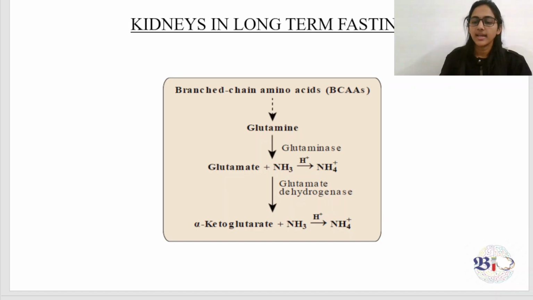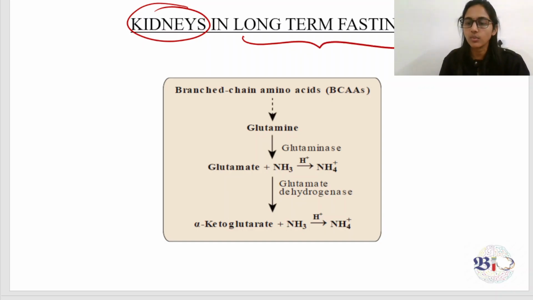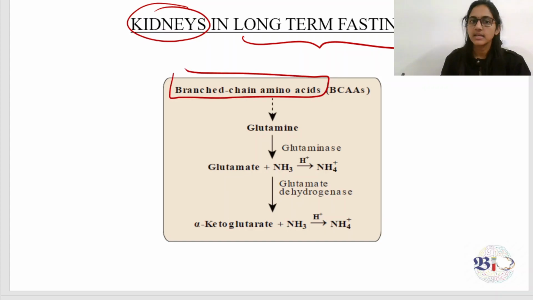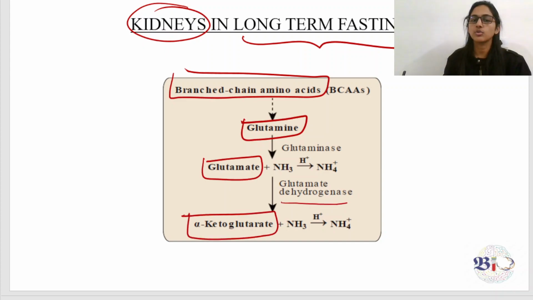And one more organ, which is the kidneys. Kidneys in long-term fasting. Kidneys are used in long-term fasting. How are they used? Branched chain amino acids give us glutamine. Glutamine gets converted to glutamate. Glutamate gets converted to alpha ketoglutarate by glutamate dehydrogenase.